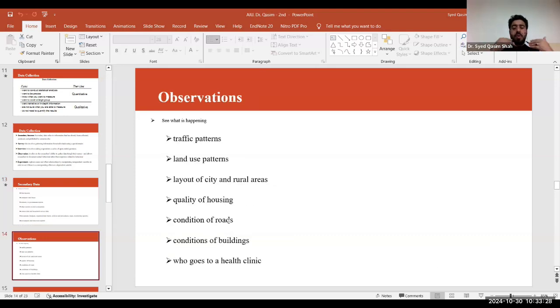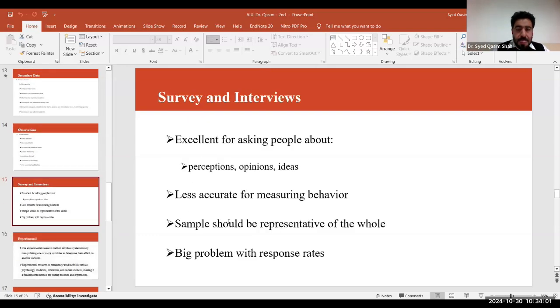Then, if I am observing something, what is happening, say I'm checking traffic patterns at different times, in the morning, in the evening, in the daytime, using land use patterns, observing the layout of the study in rural areas and how they differ, observing the quality of housing, road conditions, condition of the buildings, health clinics, right? So I am observing something, so I will go for observation data.